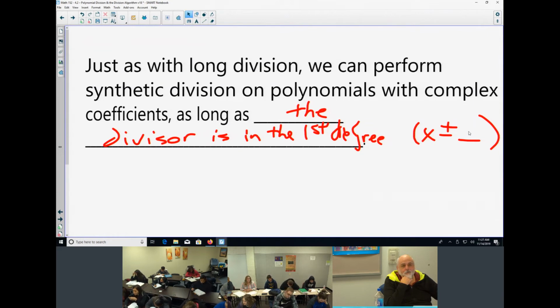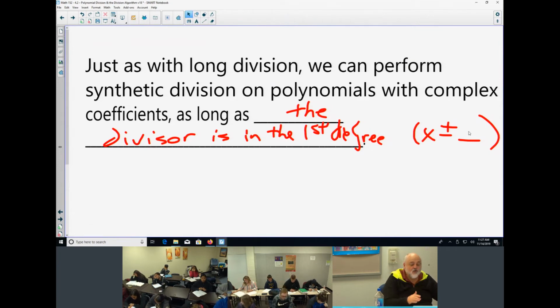Now, synthetic division is supposed to be a shortcut, but I have found that more students make mistakes with complex numbers on this. I'm not quite sure why. And so typically I would just say, maybe stick to the polynomial division, okay?